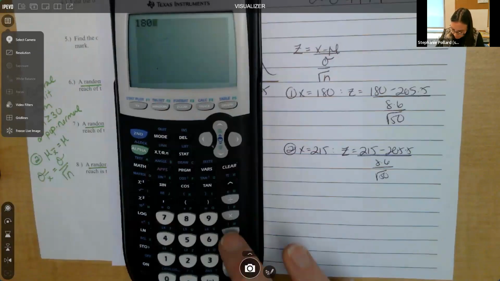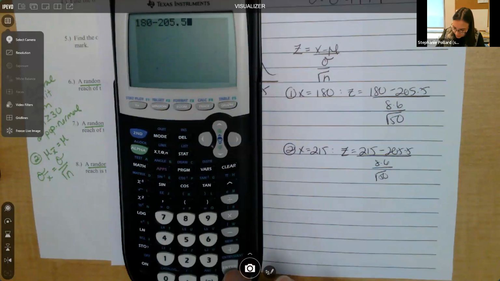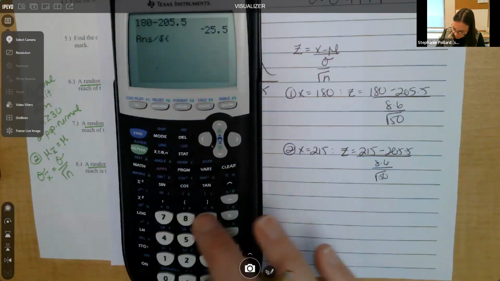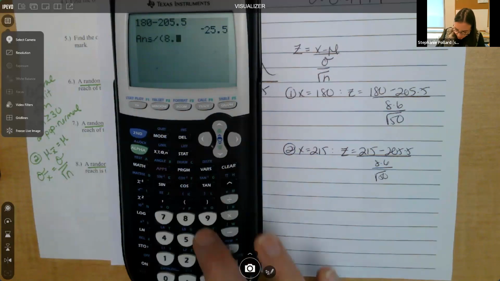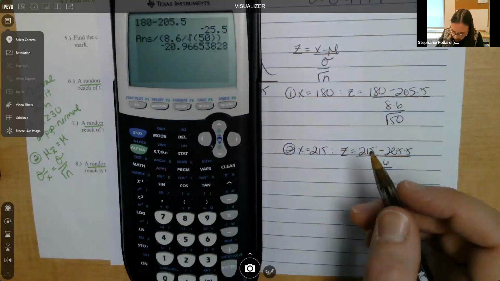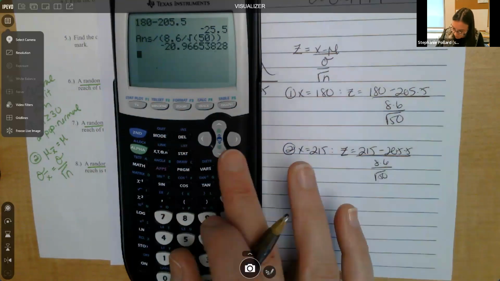For the first one, parentheses, 8.6 divided by the square root of 50, I get... now let me try that one again to make sure I'm okay there.